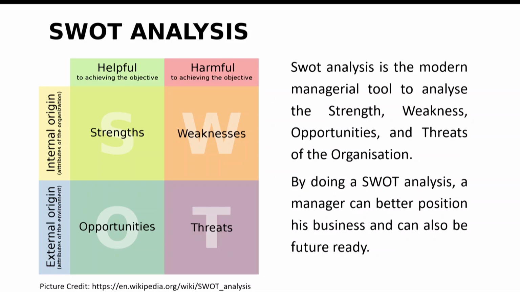A business may have certain strengths, at the same time a business may have certain weaknesses. Similarly, the other two aspects are opportunities and threats, which are external elements and which are not developed by the businesses and may be impinged on these businesses from the outer environment, and businesses have to deal with it.